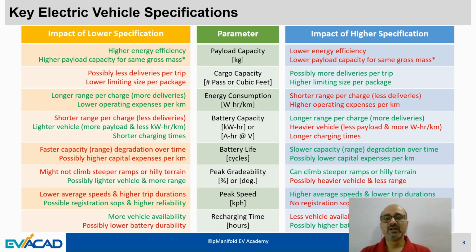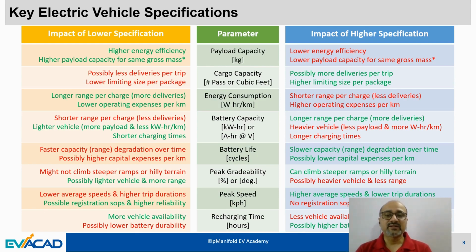That's the range. Energy consumption is also a measure of your efficiency, and it defines, for a given battery size, how much range and how much operating expense, particularly energy cost, you can expect.